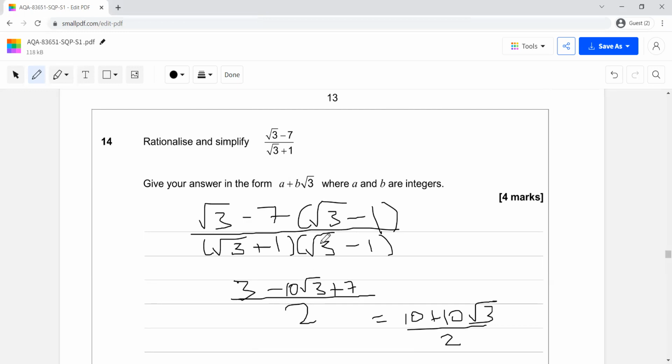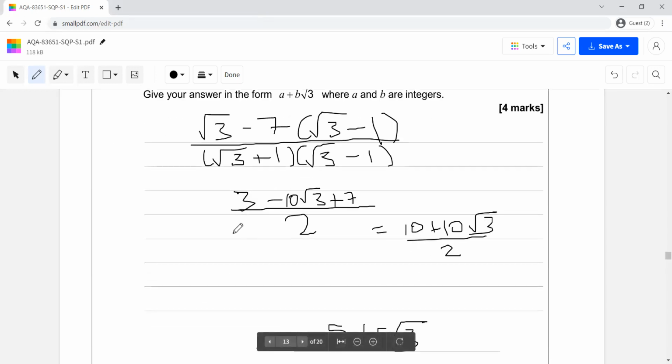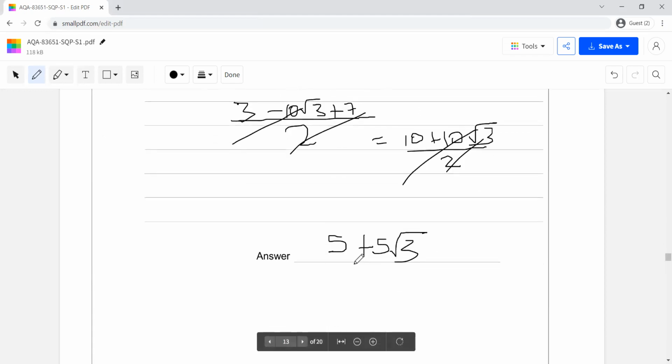Okay, yeah, I see what I've done wrong. This is wrong. This should also not be positive.